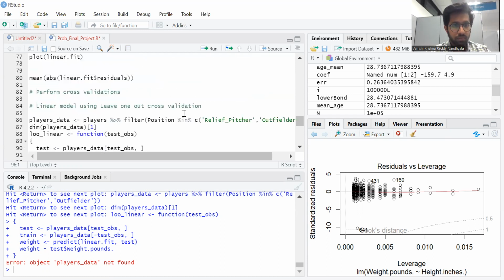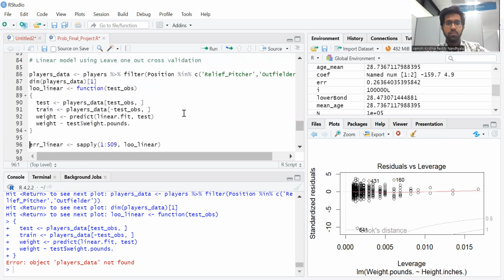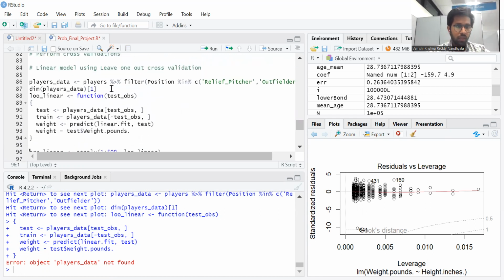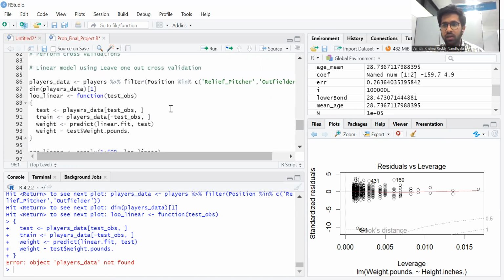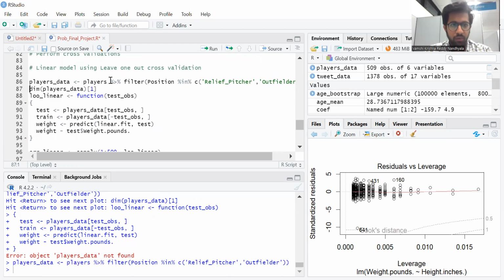Let us also perform some cross validations. In this cross validation, I'm just taking position as the predictor, and I'm determining cross validation for those two.